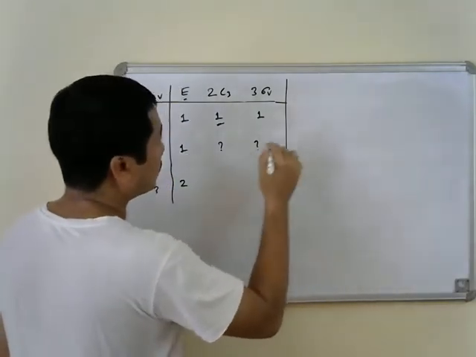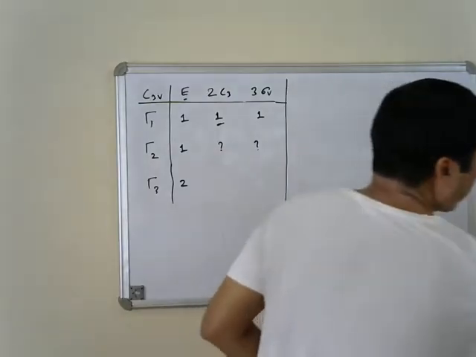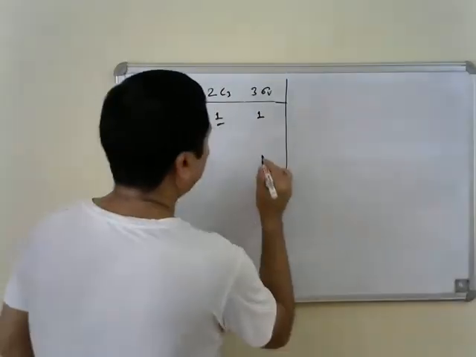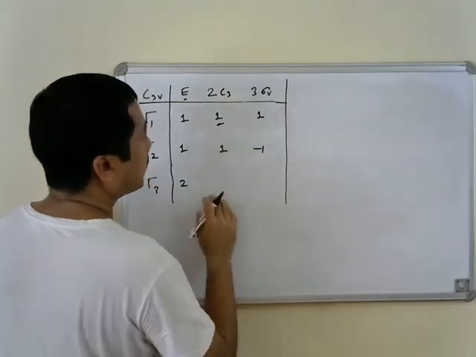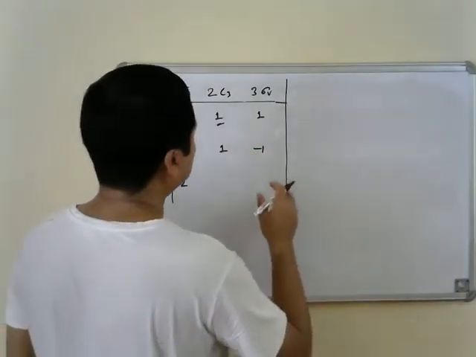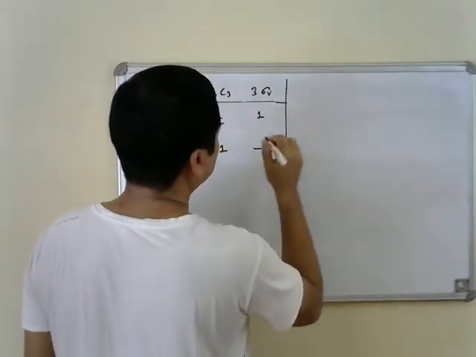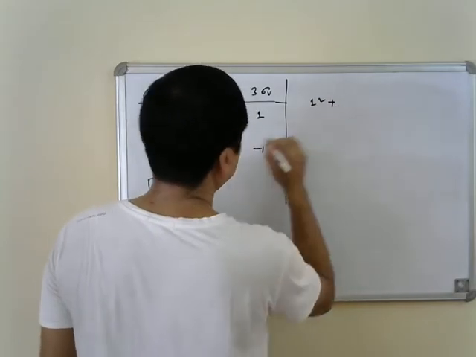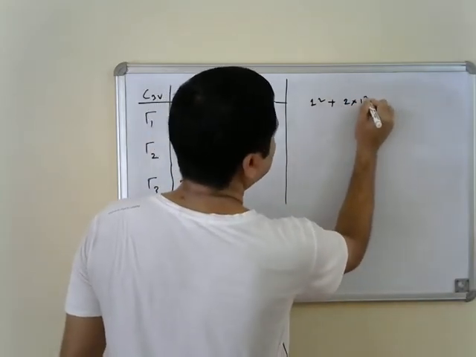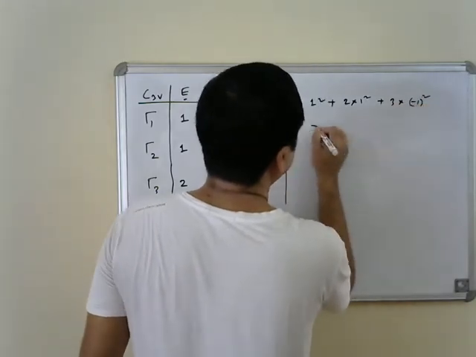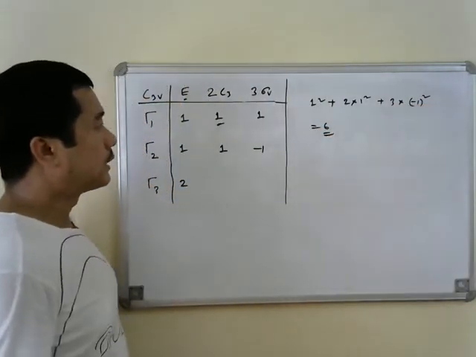If we write -1 over here and +1 over here, that will satisfy the second law as well as the third law, because then we can write 1 square, then 2 into 1 square, and 3 into -1 square. This will again be equal to 6.